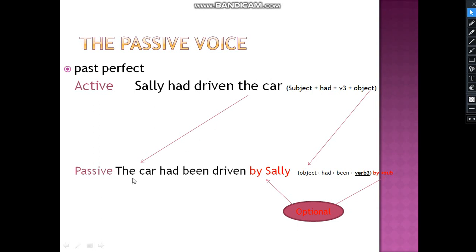Then you ask yourself, in the passive voice past perfect rule, what is the form? You copy the form, which is had, been, driven, verb 3. You have to memorize verb 3s of all verbs, of course. And then you add the by subject, depending on whether it's important to the sentence or not. Okay.